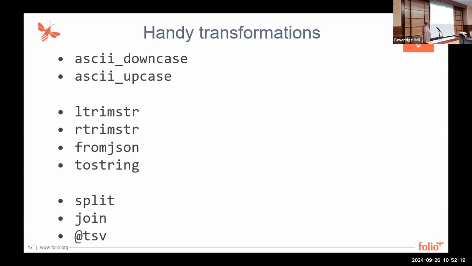One of the really useful things when you're doing comparisons is to normalize your data, convert it to keys, and so on. It really depends on what you're doing. And at the bottom, we have things for splitting, joining, and converting to tab delimited, which it does natively without having to do any other work.